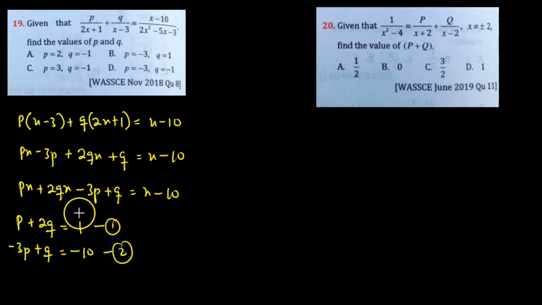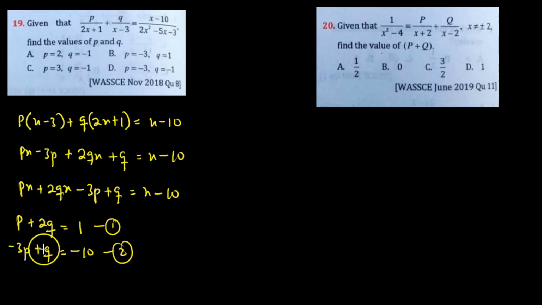That's equation 2. So you solve the two equations simultaneously. And remember, because this is section A, I wouldn't like to waste my time doing that, so I can go for my calculator to help me do that.